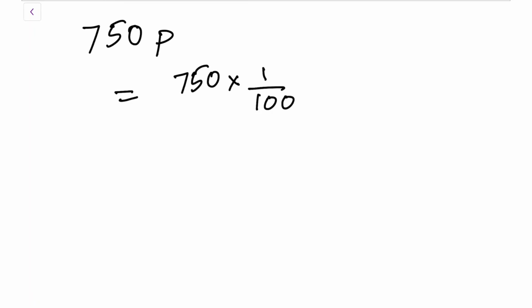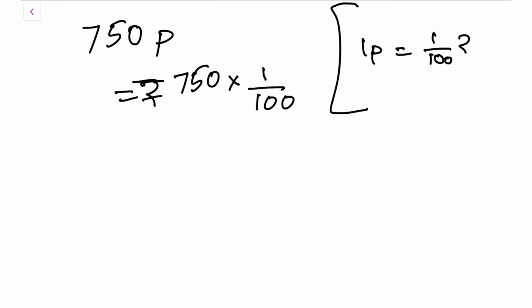Here's another example. What if it is only 750 paise? How can you write this as a decimal form? Let's try. 750 into 1 by 100 rupees. That's right. Again, I'm writing that because 1 paise is nothing but 1 by 100 rupees. All right.